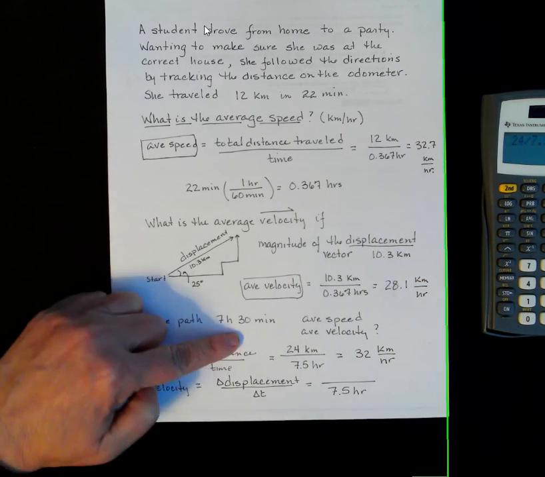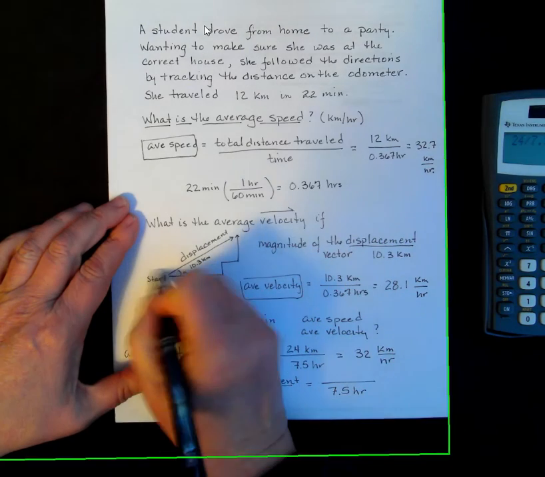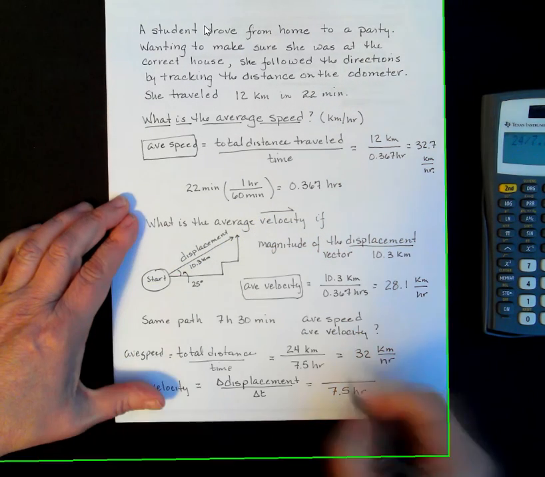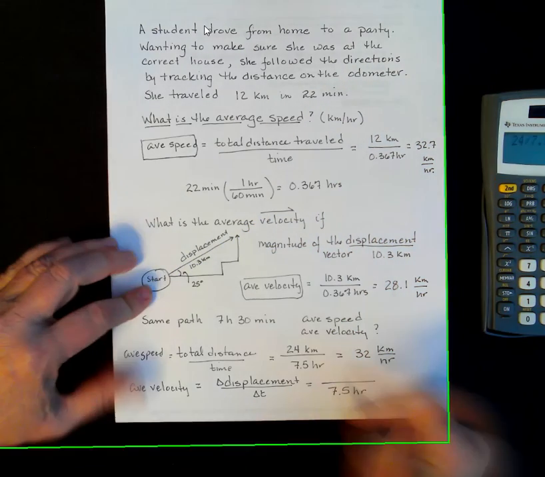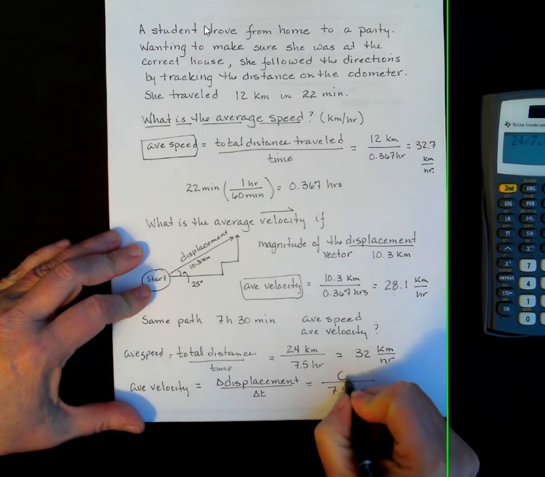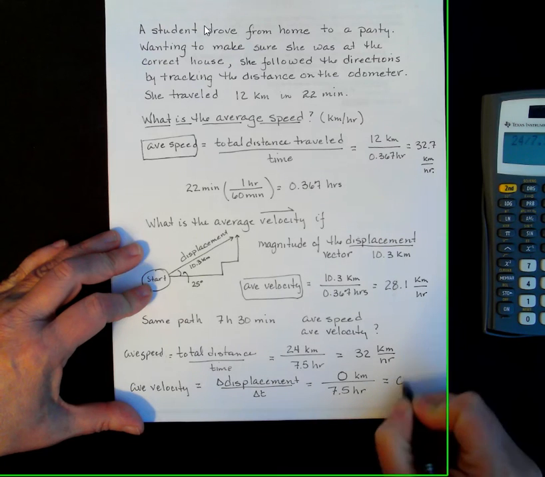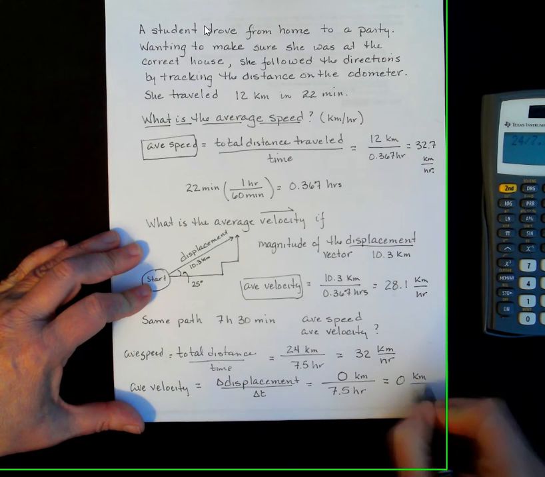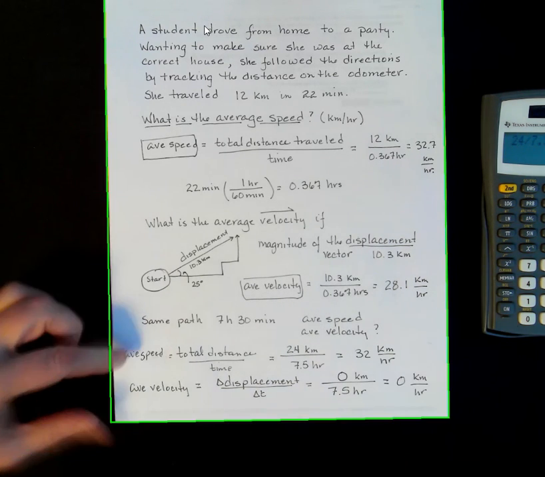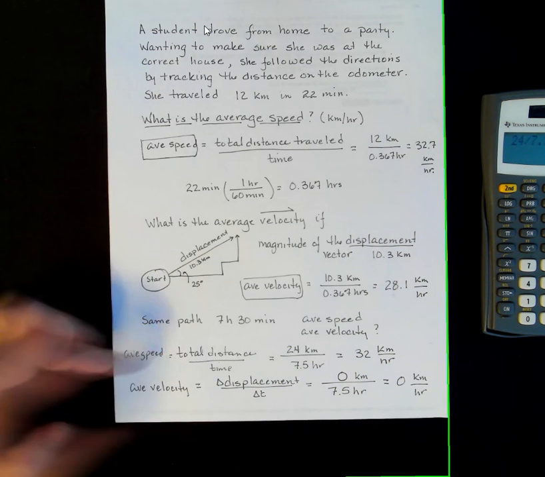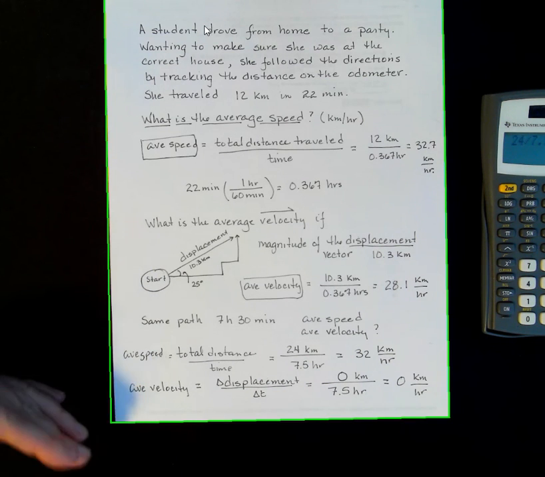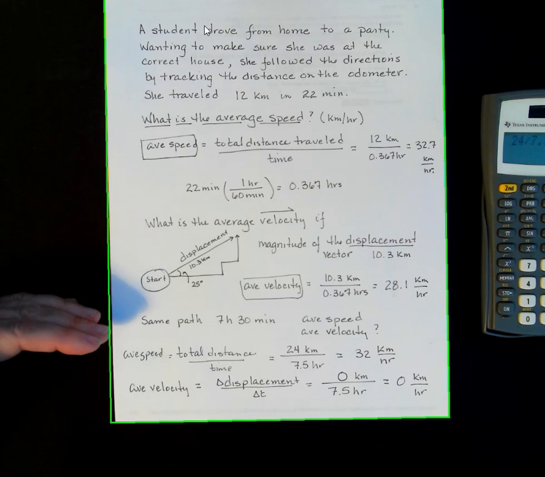We returned home, so we returned back to our starting point. So where we started and where we finished was the same, so our total displacement is 0 kilometers. So the average velocity is going to be 0 kilometers per hour. So that gives you a little bit of a difference between the displacement and the average speed.